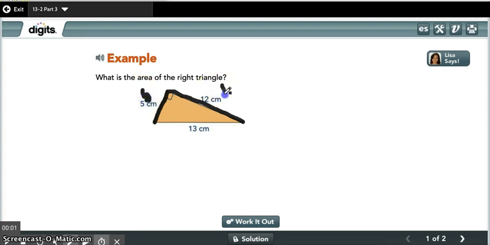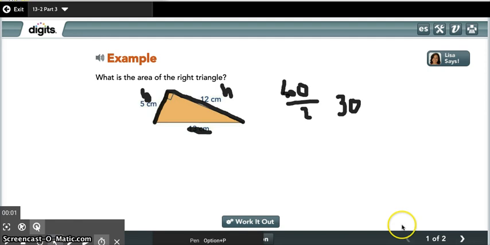And use the other as your height. Remember, we don't want to use the hypotenuse as our base or height. And I'll tell you why soon. So for now, let's do the formula. Base times height divided by 2. 5 times 12, well, that's 60. And 60 divided by 2 is 30. So this would be 30 square centimeters.